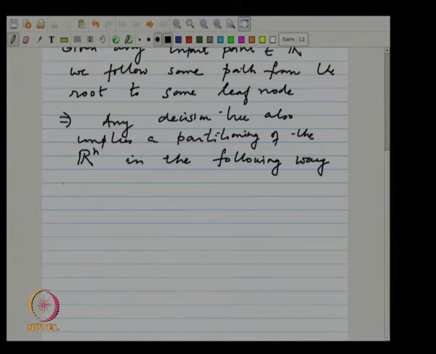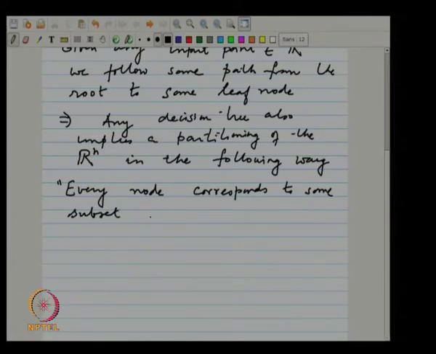Every node, whether it is a leaf node or an internal node, corresponds to some subset.